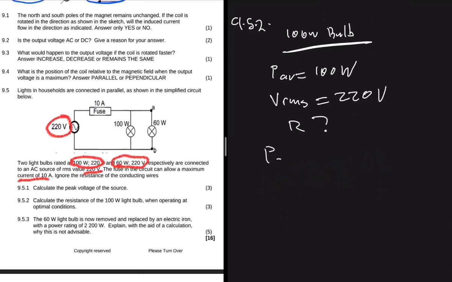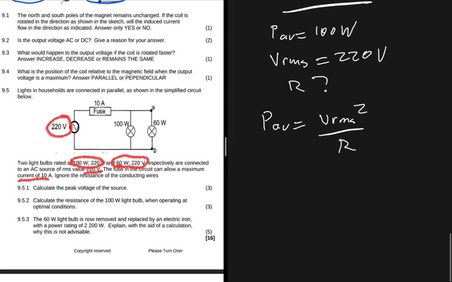So now we're gonna have the average power equal to VRMS squared divided by R. The only difference is that now we have VRMS instead of just V that we were already using in electric circuits.